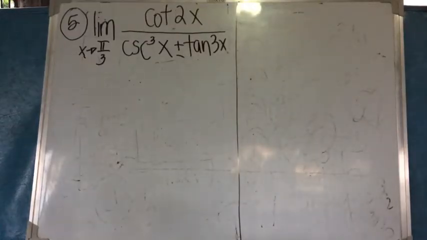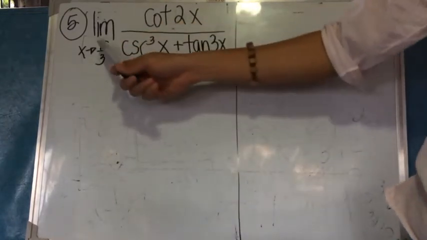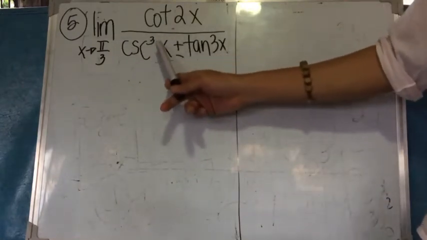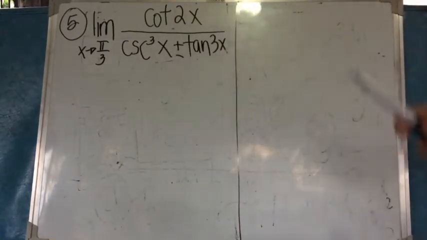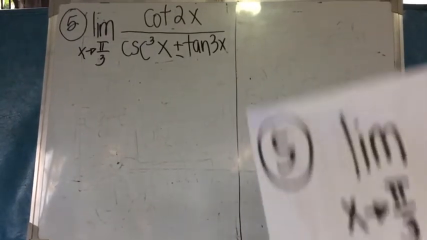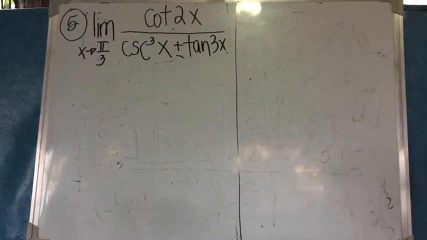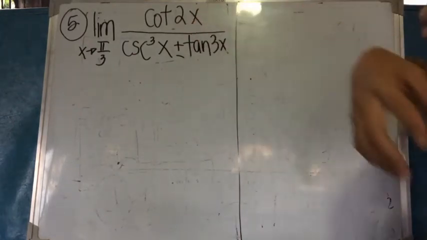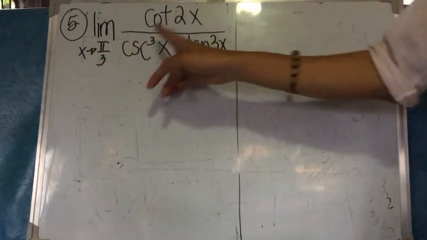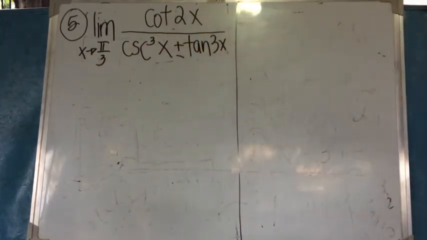Okay, we are down to example number 5. Still limit of a trigonometric function. For example number 5, I have here the limit of cotangent 2x all over cosecant cubed x plus tan 3x as x approaches pi over 3. Again, the first step that we are going to use is the direct substitution method. Meaning wherever your x approaches, you have to substitute that in all the variables.